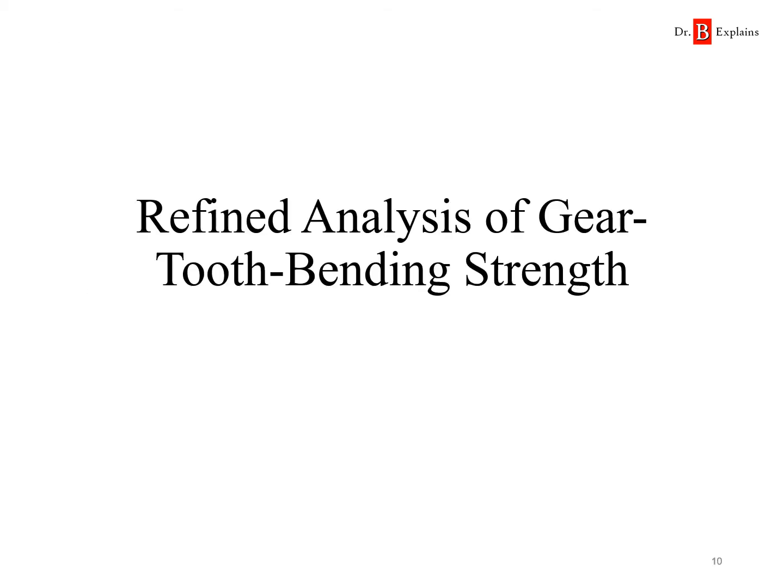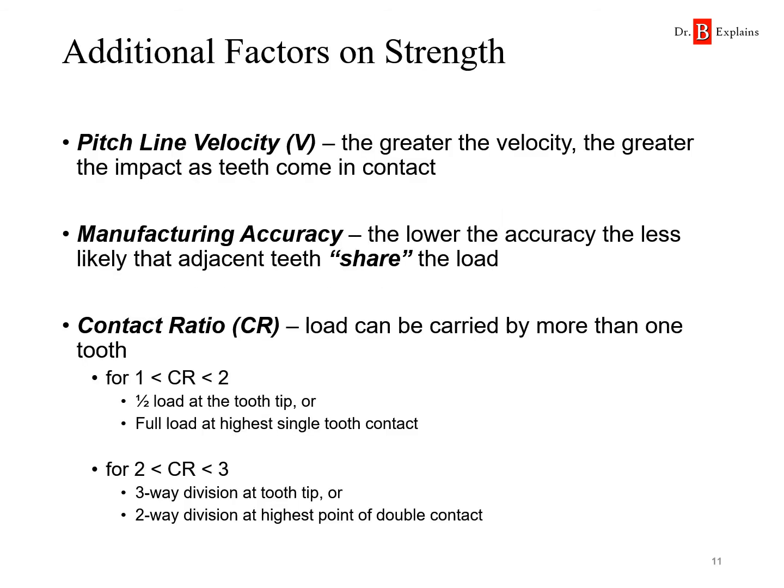Now, you remember the Lewis equation had a bunch of assumptions, about 6 or 7 of those, so we can actually further refine this Lewis equation to account for other things such as pitch line velocity.